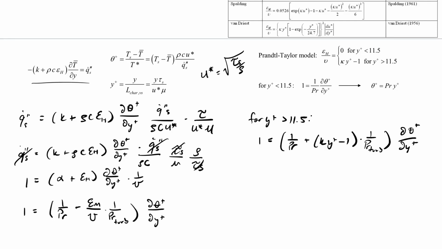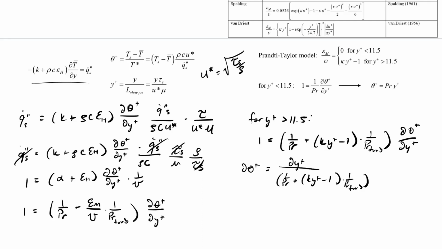Let's first separate it out. So we'll say d theta plus is equal to, on the other side, dy plus divided by all that stuff, which was 1 over Prandtl plus kappa y plus minus 1 times 1 over Prandtl turbulent. Right, so that's an integral that we can do, except that it's a little bit messy.